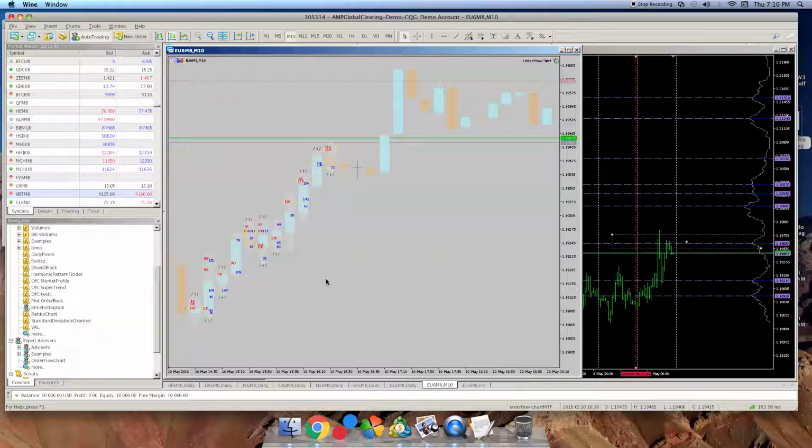So we have to locate them, and especially we have to pay attention to different, unique patterns, which we can see just by using order flow chart.